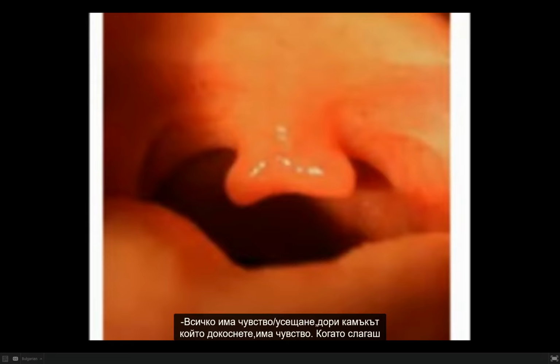Everything has a feeling. Even a stone you touch has a feeling. When you put a food in your mouth, it has a physical aspect. In a way, if I explain to you, you understand. A matter you touch, then you have an atmosphere of the matter you feel.